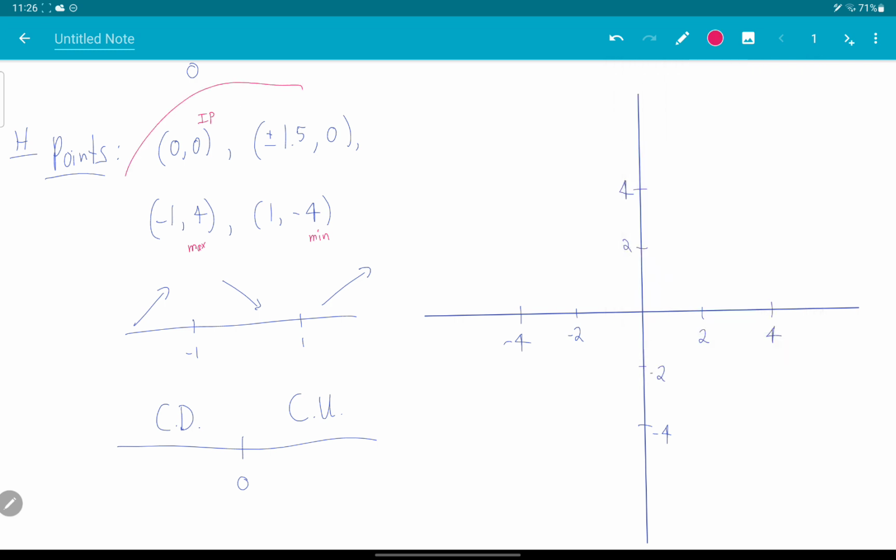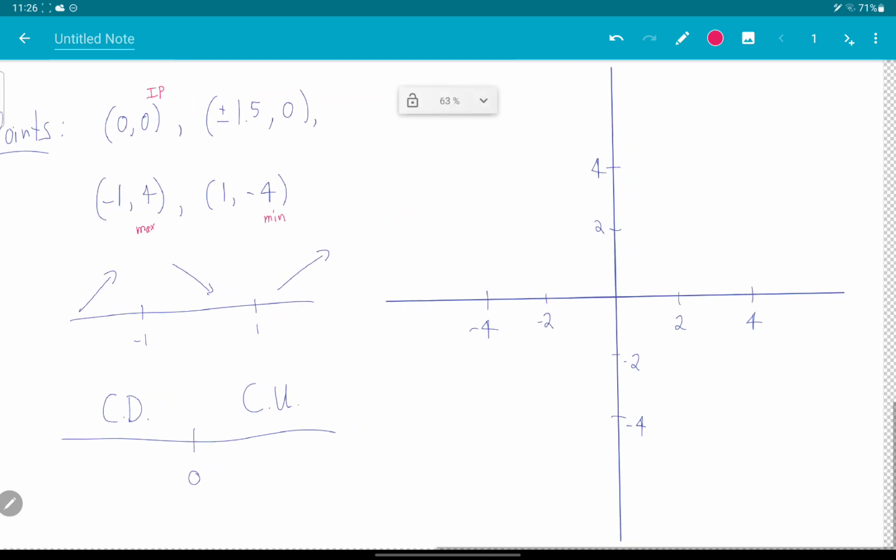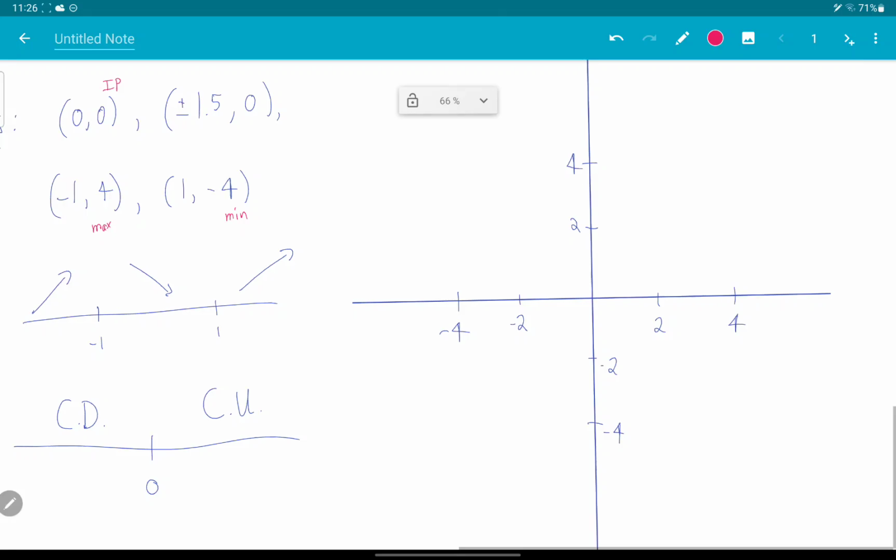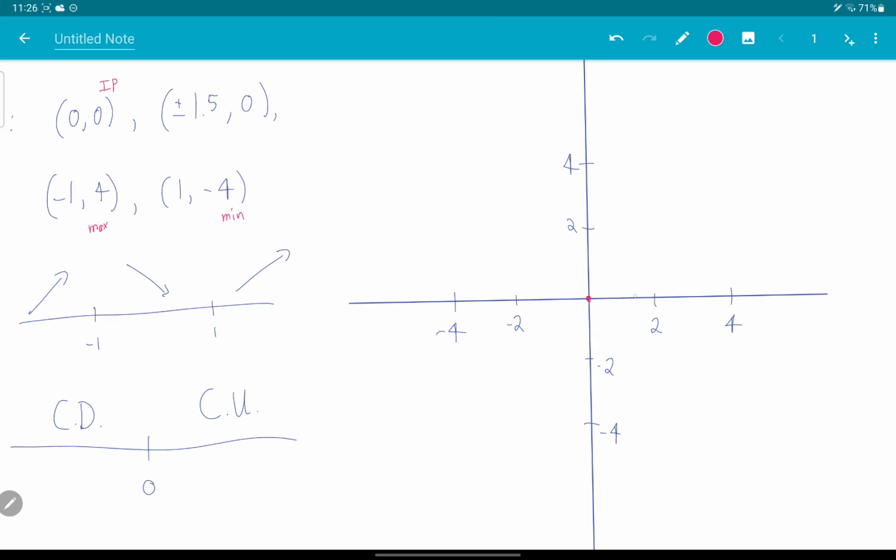Okay, so I start, as always, by just putting these points onto my graph, just plotting those. So I got 0, 0, 1.5, and 0, and also negative 1.5 and 0. Those are intercepts.